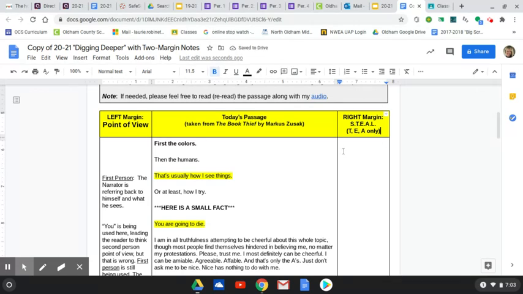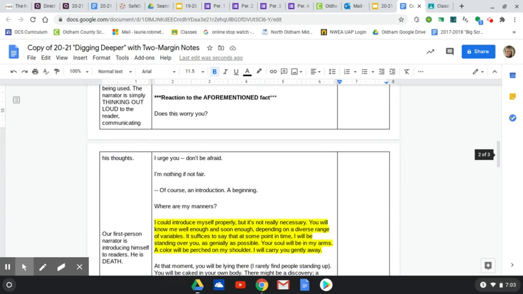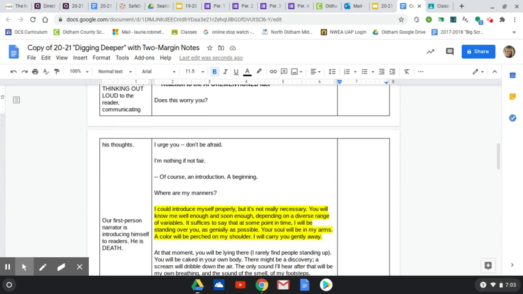And I am going to get you going with T, thoughts. There is no dialogue anywhere in this passage, hence why there's no speech. Nowhere in this passage do we have any idea what Death looks like, hence why there's no L. That means this entire passage, honestly, is T. And this is Death's way of thinking out loud to us, communicating to us through his own mind who he is, what he's about, what he likes, and what he doesn't.